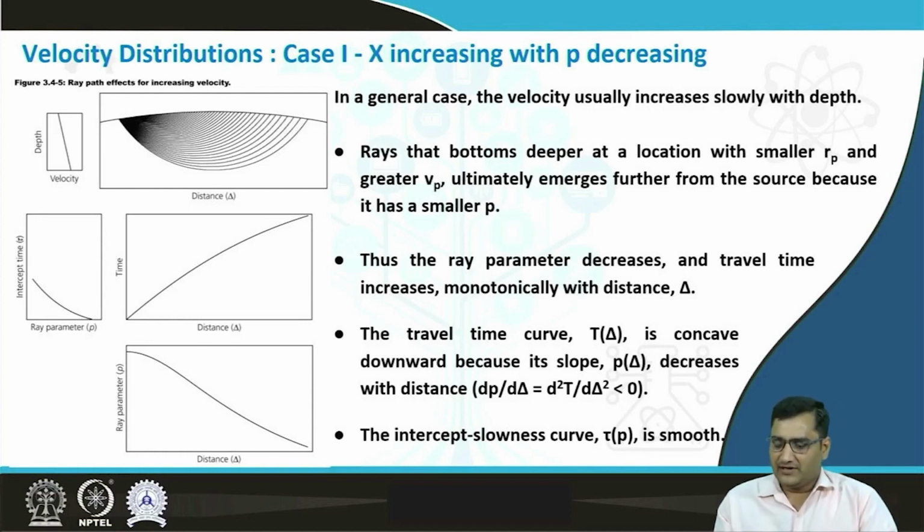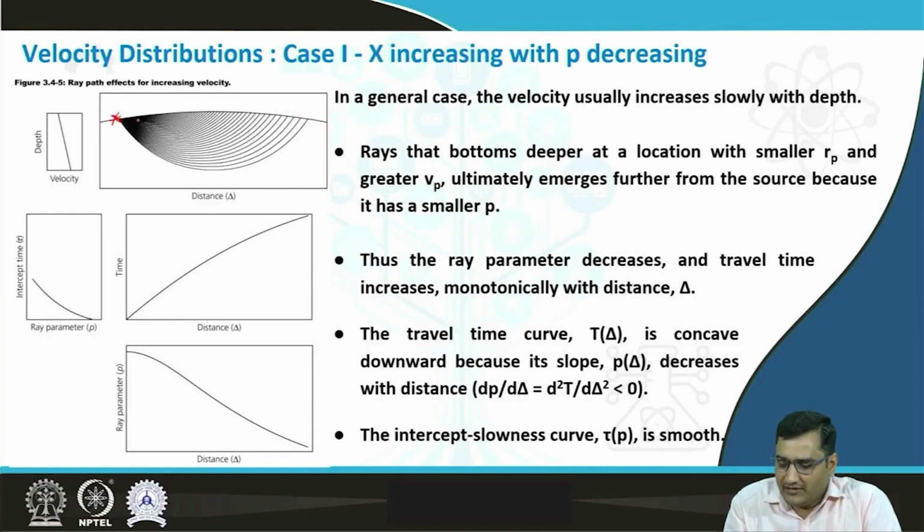So the first case is: we know the velocity generally increases slowly with depth in the normal earth situation. So what will happen in that case? If the source is generating rays over here, then since they experience velocity increase as they go deeper into the earth, they will finally bottom and then start going upward and be recorded at the receiver.